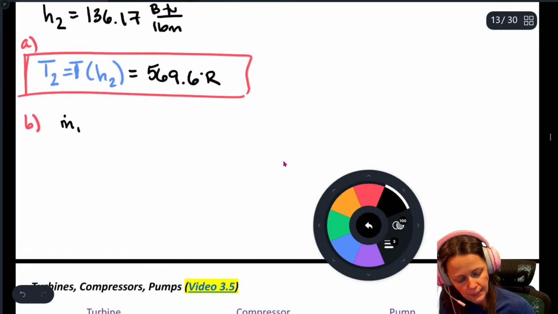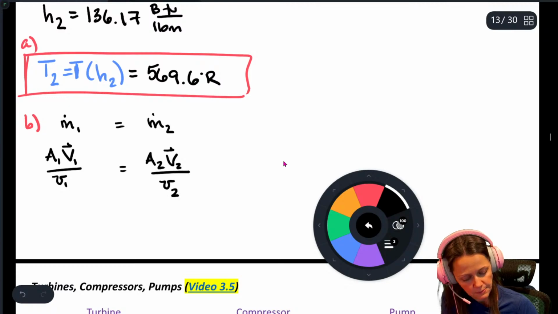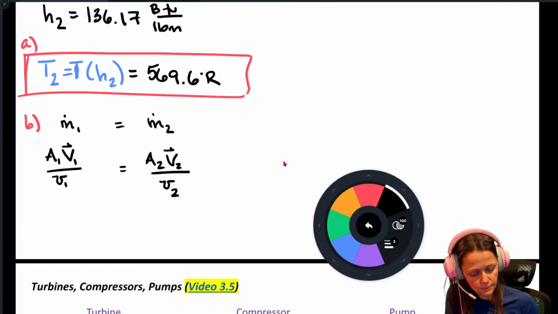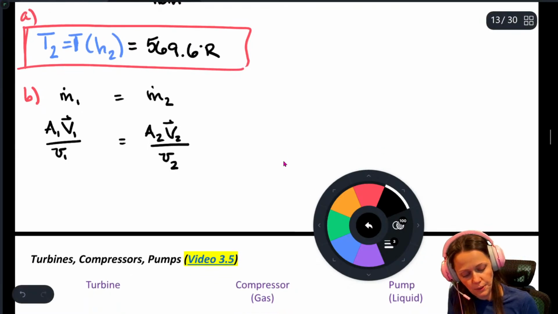that m dot 1 and m dot 2 are equal to one another. I also know that A1 V1 over the specific volume at 1 is equal to A2 V2 over the specific volume at 2. And then of course, those specific volumes, I can go ahead and use my ideal gas law to get those in terms of pressure, which would be really useful.